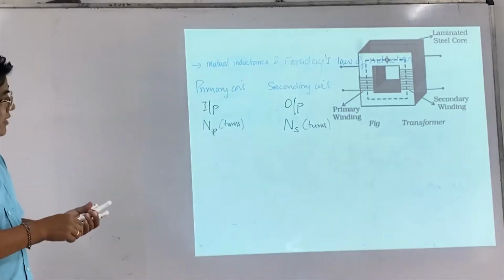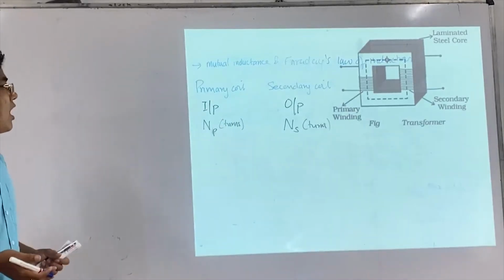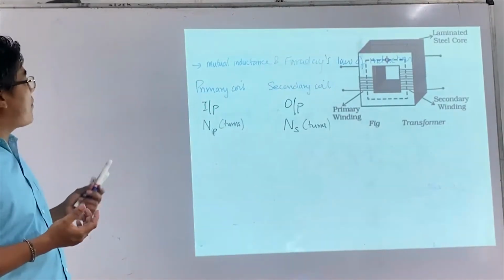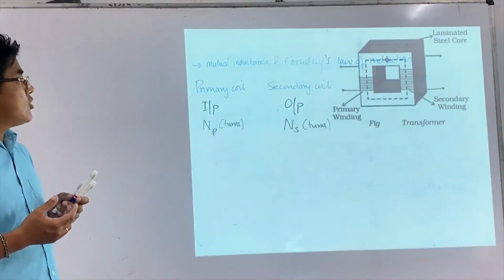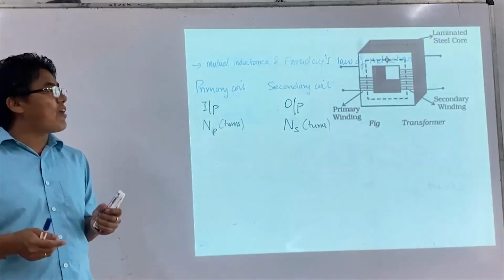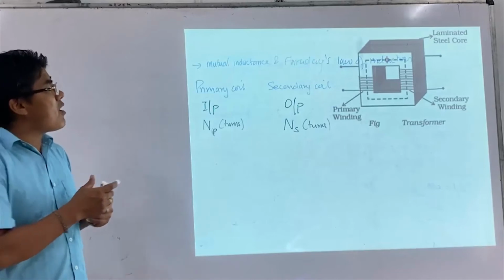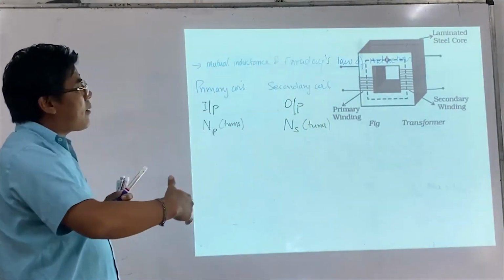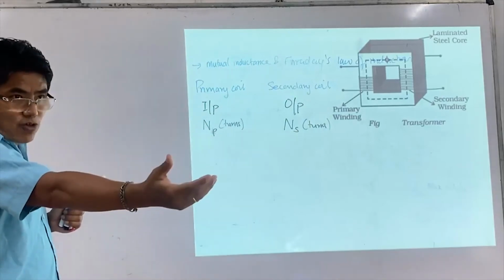And then, next, there will be a flux linkage as I talked about in mutual inductance, right? So in the case of an ideal transformer, whatever flux is there in the primary is linked to the secondary coil.